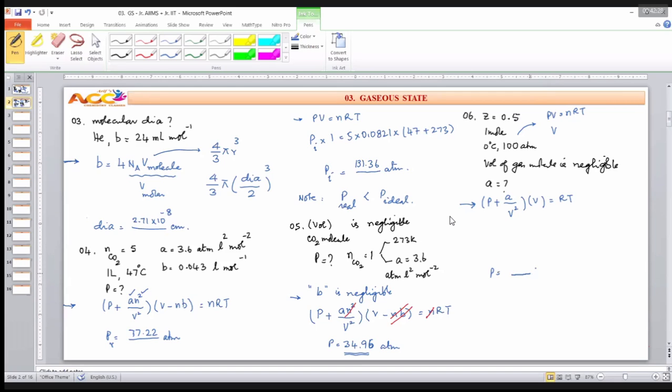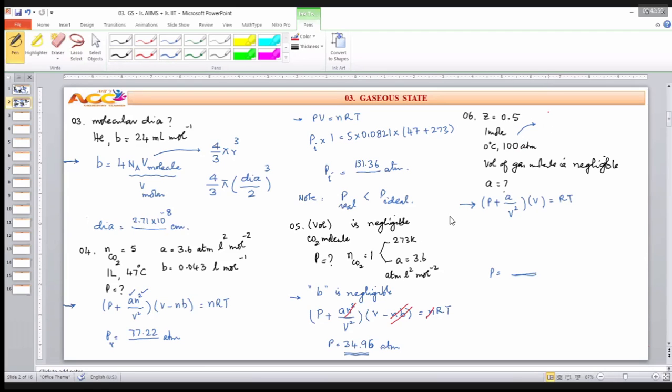We'll do it in two steps. In step number 1, we'll find out the volume here and then substitute. Okay. Suppose for example you are taking this type of volume, then I can go for ideal behavior. No sir, we are dealing with real gas, that is 0.5.